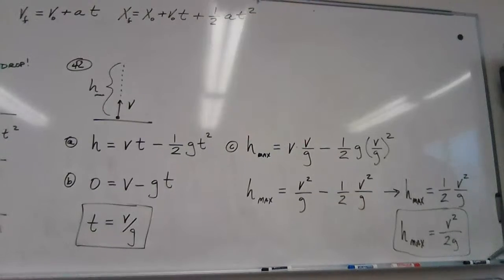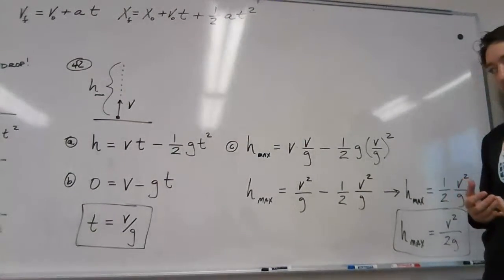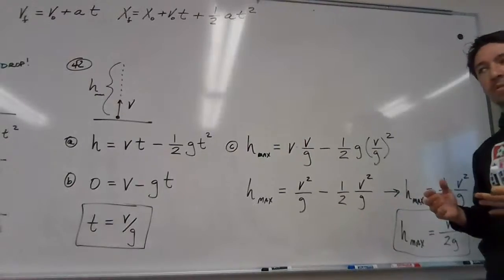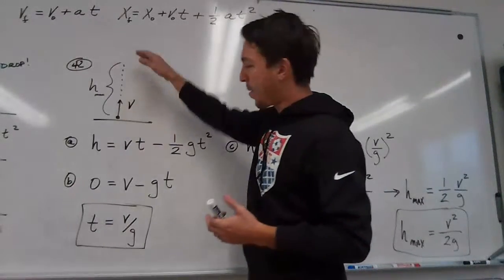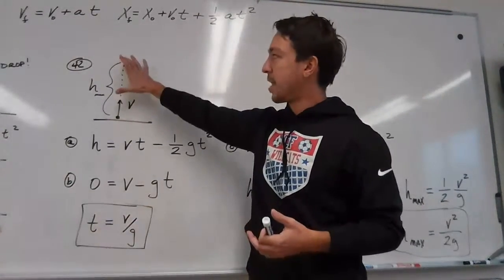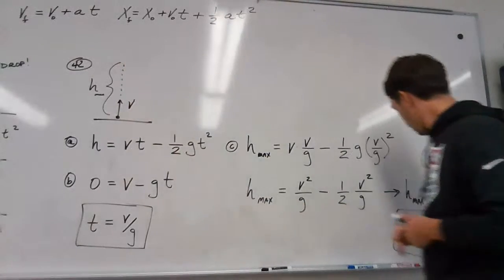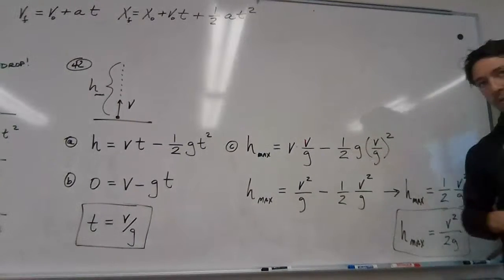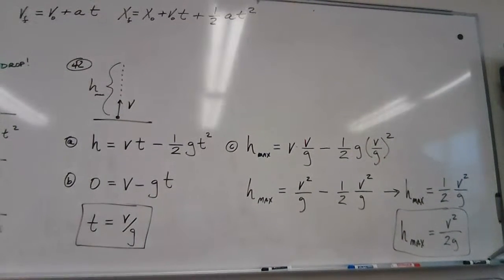So look for a substitution that will allow you to relate your time to this H value. You have some expression for H max, you know the time, so look for a substitution there.